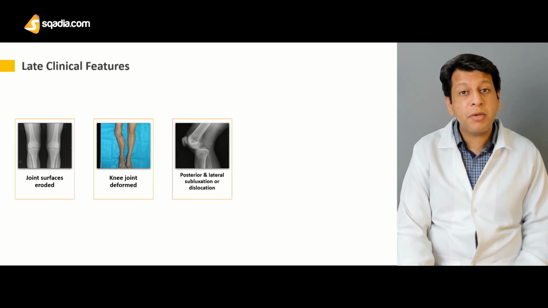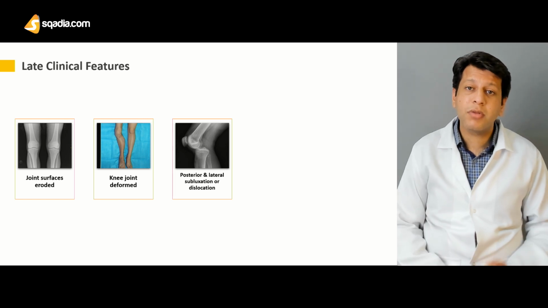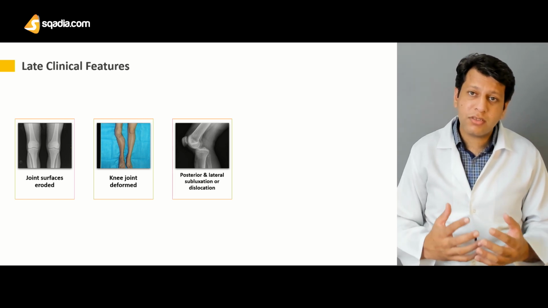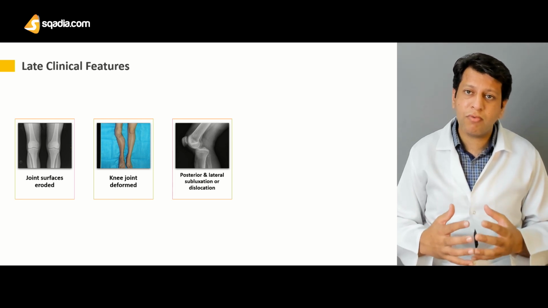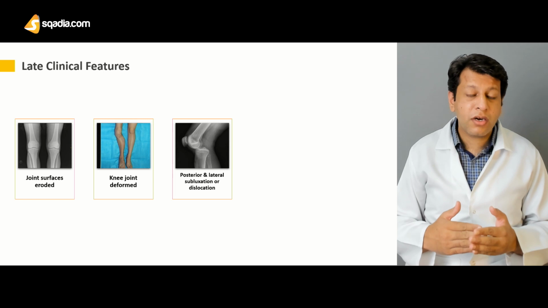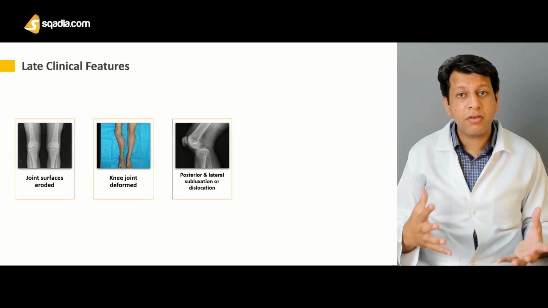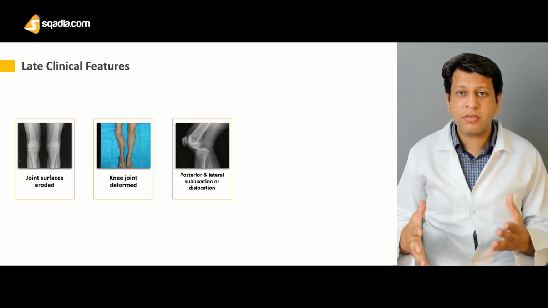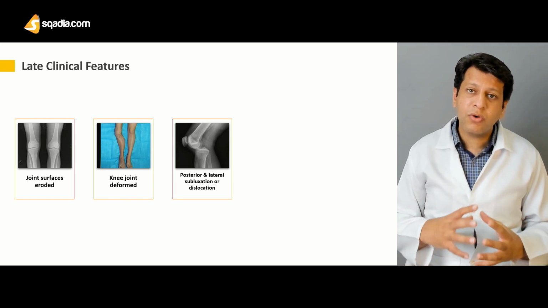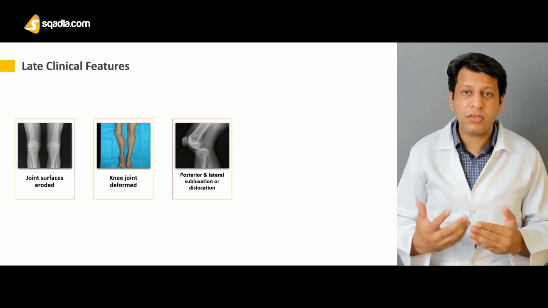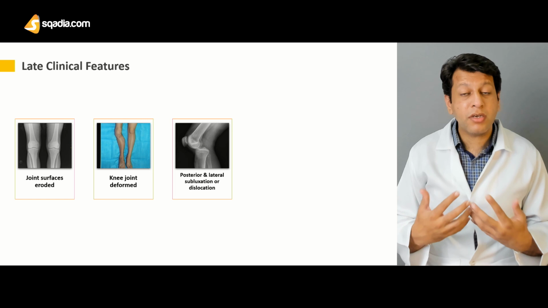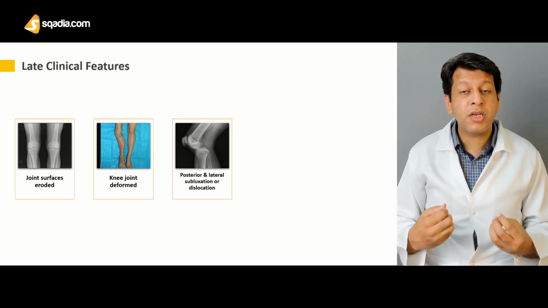Then the patient may present with subluxation, which may be posterior or lateral. Why does subluxation occur? Once the synovium is involved and other tissue starts to get involved, like intra-articular ligaments such as the ACL and PCL, or extra-articular ligaments like the lateral or medial ligaments, they eventually get inflamed, and they may rupture over time, or they may become lax.